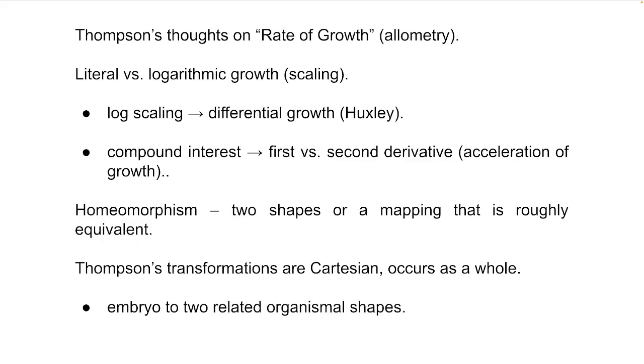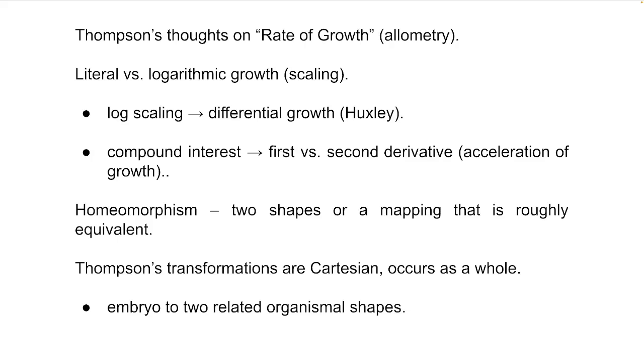So the first thing here is that log scaling leads us to this description of differential growth that started with Huxley's work and then moved on to allometric scaling. But another way Thompson thought about it that was strange, at least to the modern eye, is that he thought about growth as a sort of compound interest.